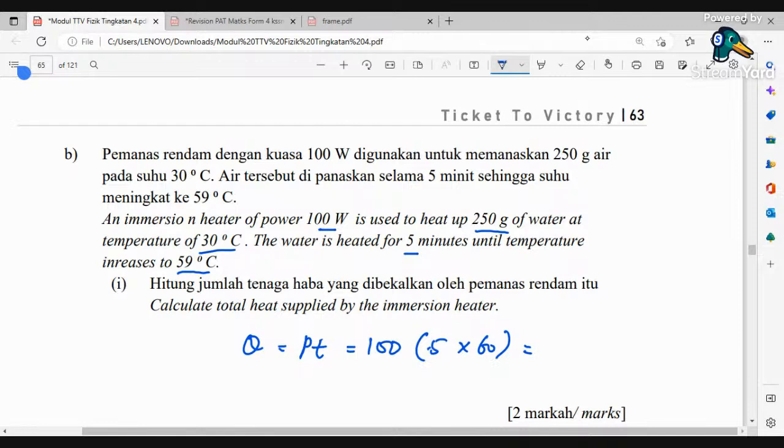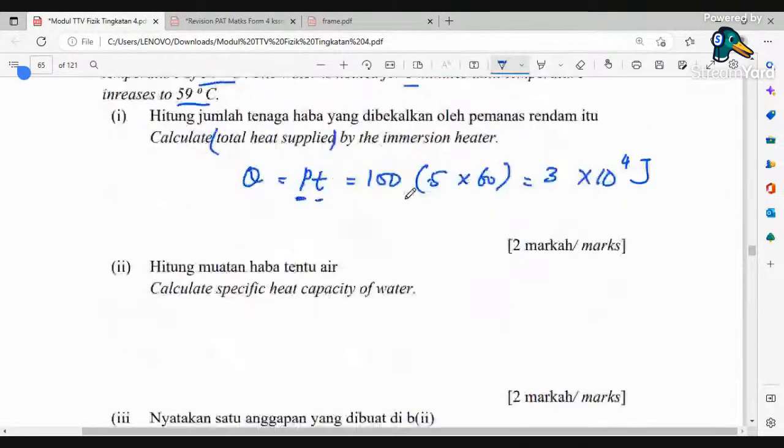Okay, you get the answer and power. Because it asks for heat supplied only, so Q equals PT. Take the power of the heater multiply by time. The time is 5 minutes, so convert 5 minutes to seconds. So you get Q in units of joule.